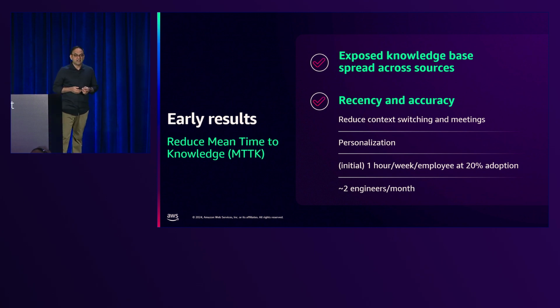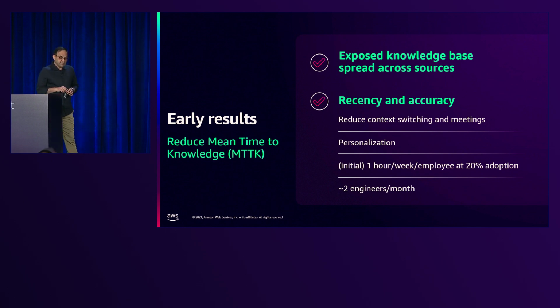This measures the recency and accuracy of a particular item from the knowledge base available to employees. At a high level, to recap, our main goals originally were to reduce context switching, reduce meetings, and provide personalization. And this is not limited to the engineering organization; it spans multiple organizations in the company.